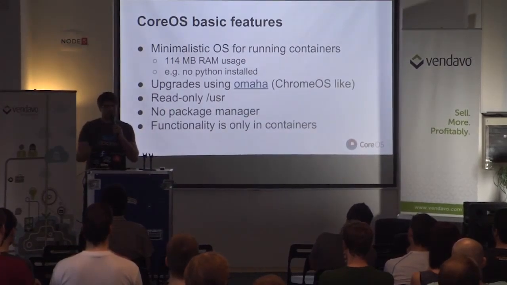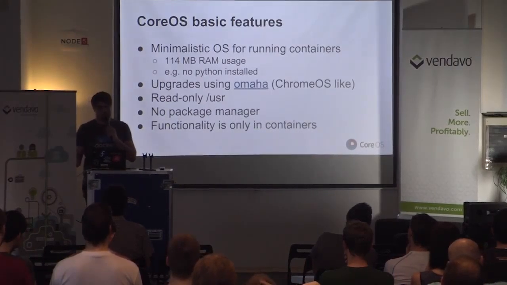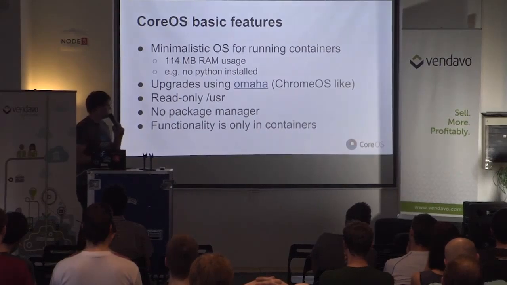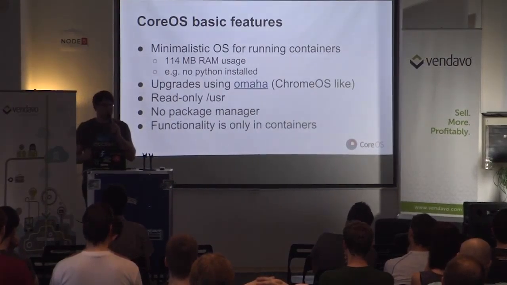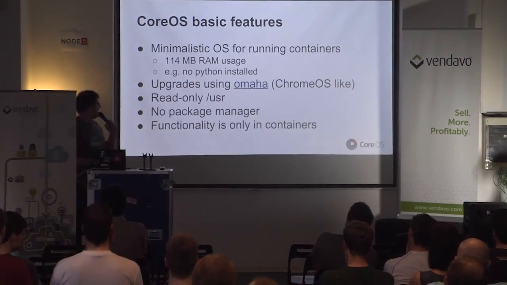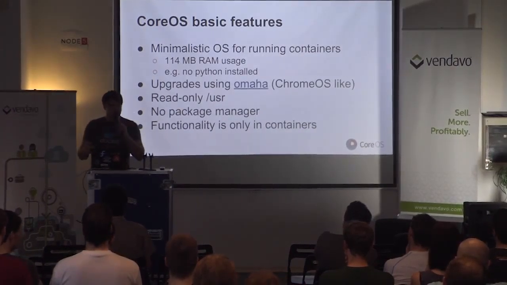So you cannot install another service if you like. You cannot just do apt-get install Python or apt-get install Apache, whatever. It's not possible. It's hard in the beginning, but then you realize that all you need for anything is Docker. If you like Python 2 or Python 3, you just run the containers on it, and that's all you can do.